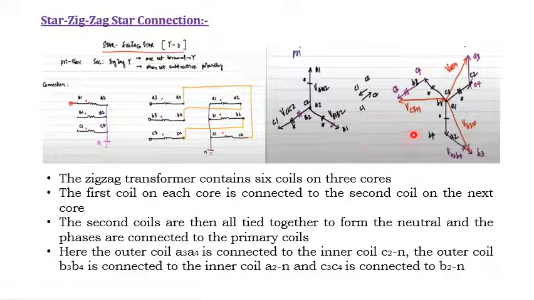So here I just draw A1, A2, B1, B2 and C1, C2. These have a 120 phase shift. Just go through this black line: the black line of A1, A2, the phasor of this winding B1, B2, this black line, and C1, C2, this phasor as this black line.